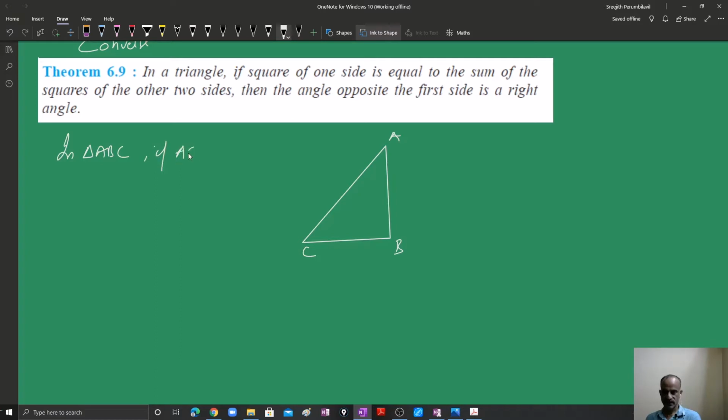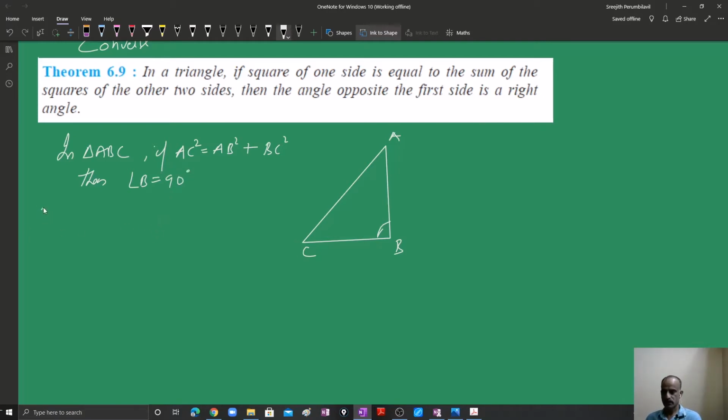If AC square is equal to AB square plus BC square, then the angle opposite to the first side, angle B, is equal to 90 degrees.